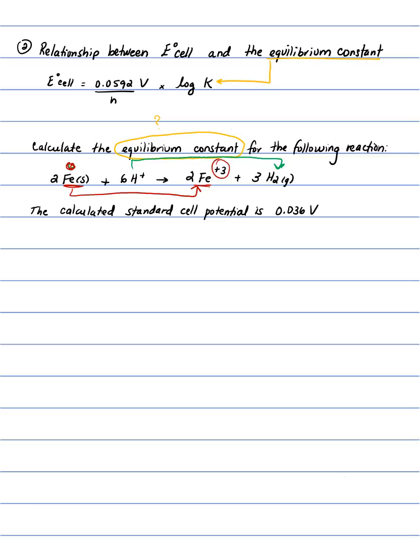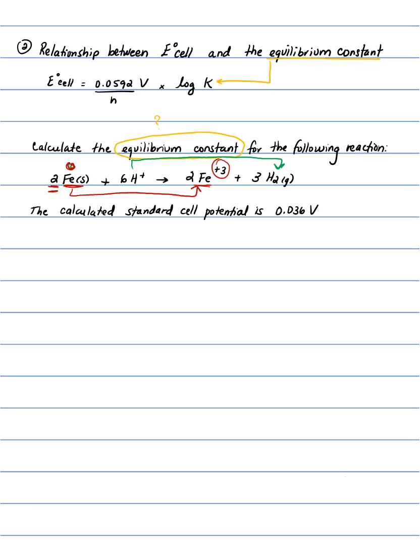So that's the change in your oxidation number from 0 to plus 3, which means that your iron is losing 3 electrons, but you don't have 1 mole of iron, you have 2 moles of iron.